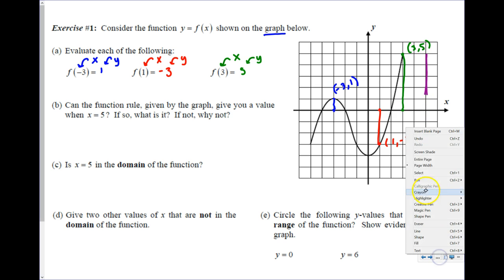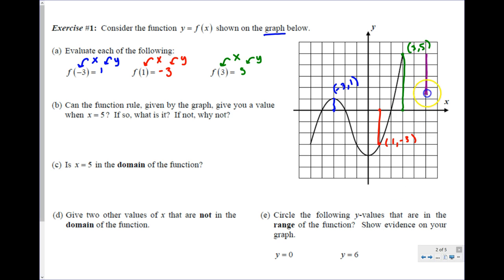When I go to find a y value, does that line ever hit my graph? Does it ever hit this curve? No. So there is no y value when x equals 5, because it never touches the graph.